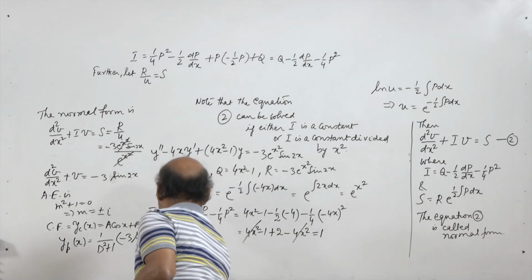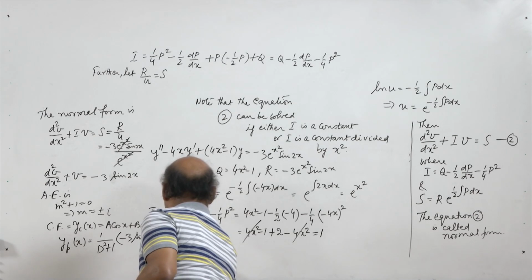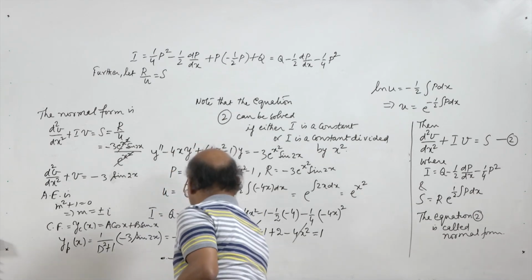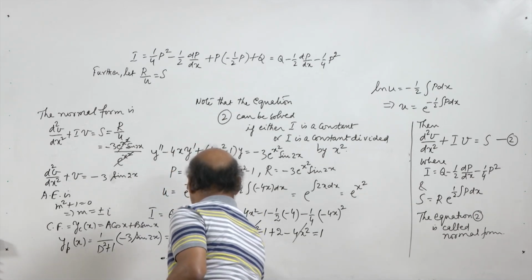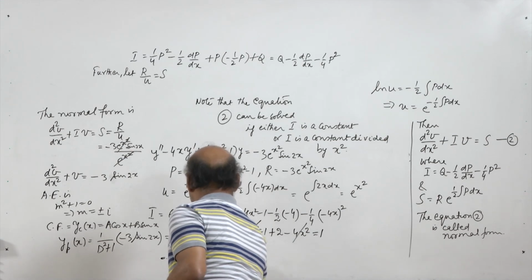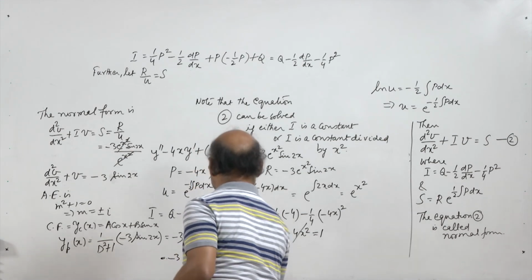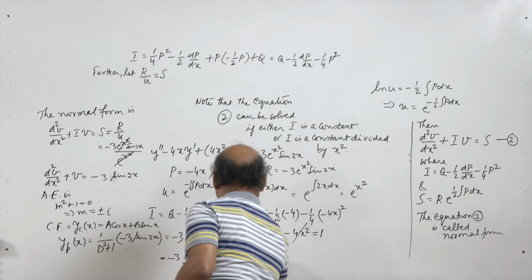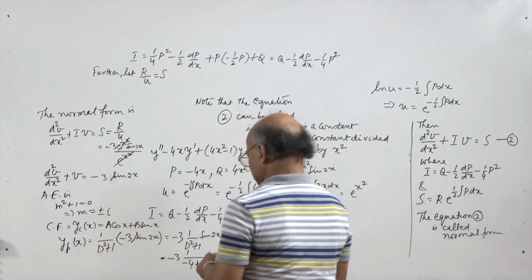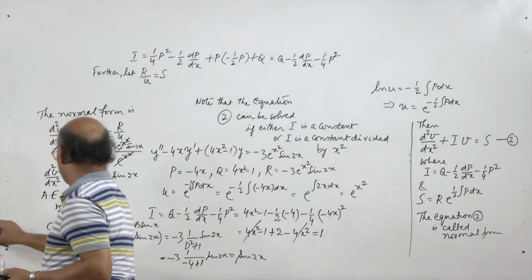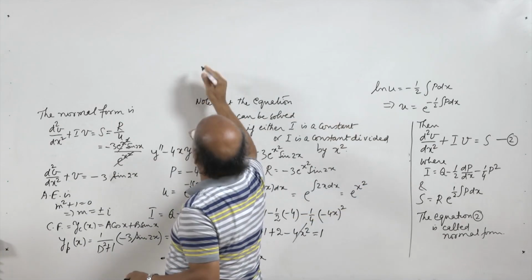So, this is minus 3 times 1 over minus 2 squared, that is minus 4, plus 1, sin 2x. So, the minus 3 cancels and you get sin 2x.